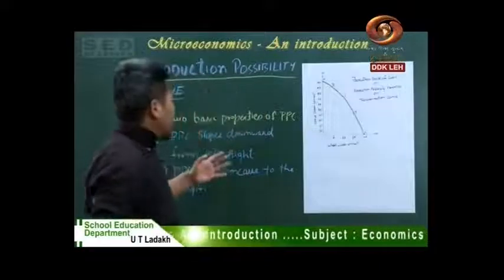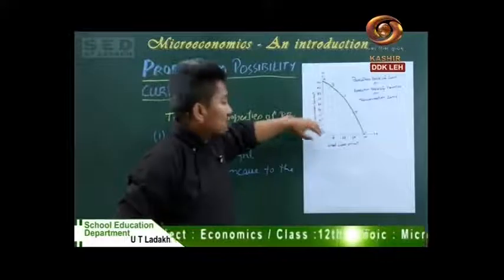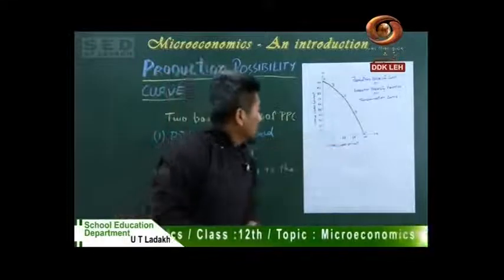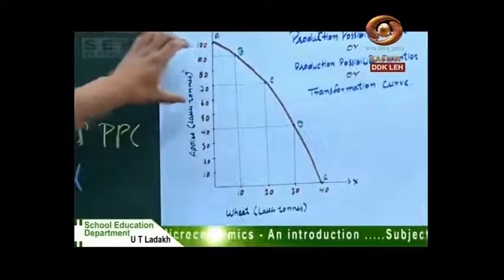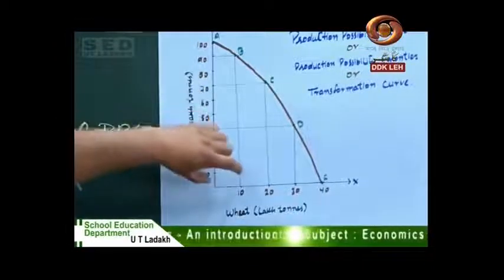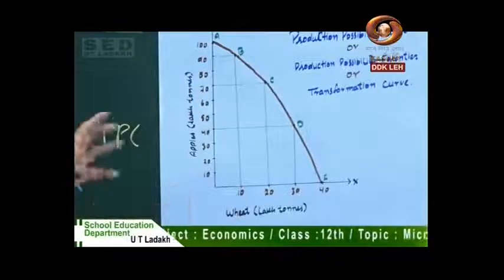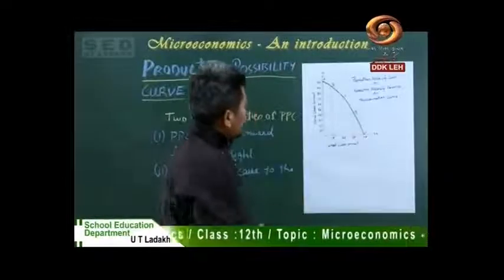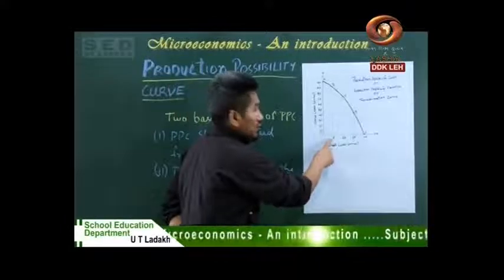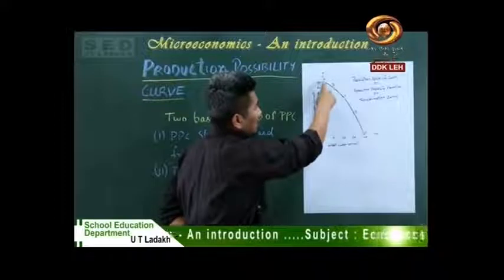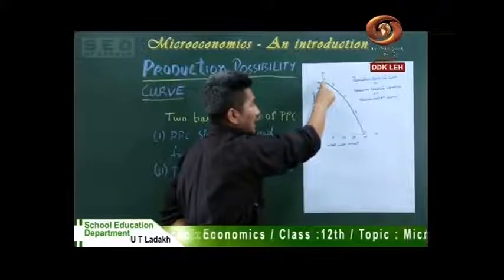So I told you earlier that you have to sacrifice one good to increase the production of another good. But the rate at which you sacrifice the good for the production of another good goes on increasing. Here I will explain. To produce 10 lakh tons of wheat, you have sacrificed only 10 lakh tons of apples because it reduces from 100 to 90.